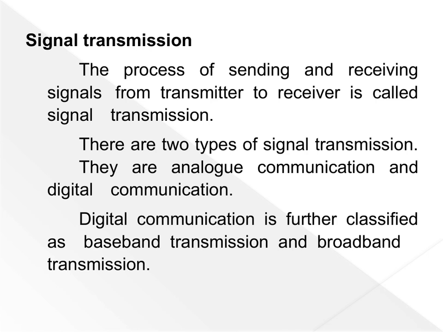Within digital communication, there's a further classification into two categories: baseband transmission and broadband transmission. Baseband transmission sends digital signals over a single channel without modulation, often used in local area networks. Broadband transmission, however, uses multiple channels or frequencies to transmit data simultaneously, which is typical in high-speed internet connections.